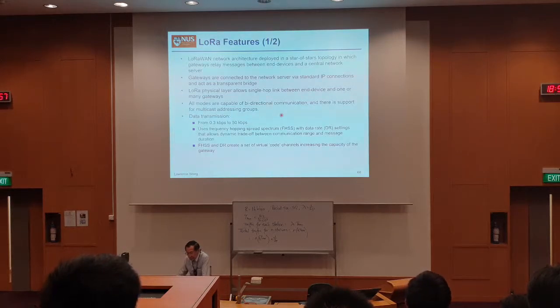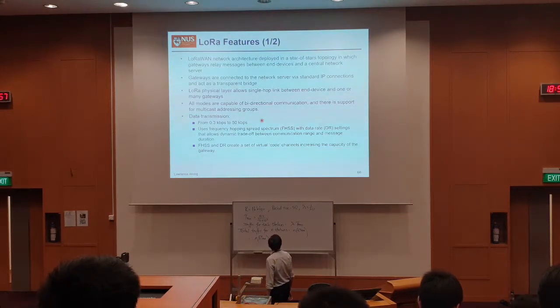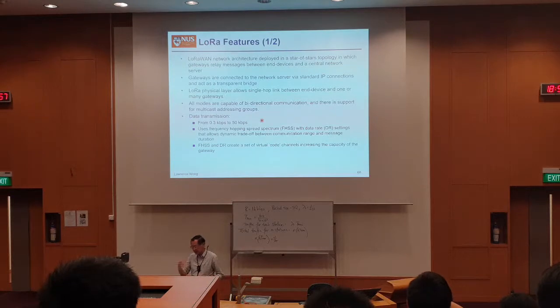Bidirectional traffic. You can see the data rate is very low, 0.3 kilobits per second to 50 kilobits, using frequency hopping. And there's a data rate setting because it depends on the quality of the channel. So together they have a virtual channel that gives you a certain rate and a certain hopping code. That's LoRa.